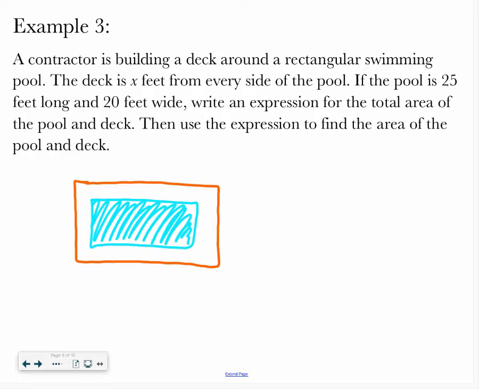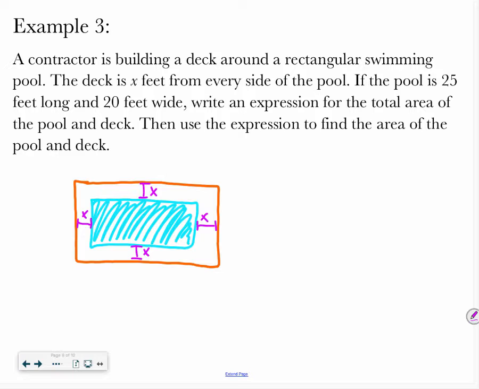This is a prime example of where I would tell you, start by drawing a picture. Okay, so we have a swimming pool with a rectangular deck around it. The deck is x feet from every side of the pool. So I know that this distance is going to be x. Okay, on all sides.